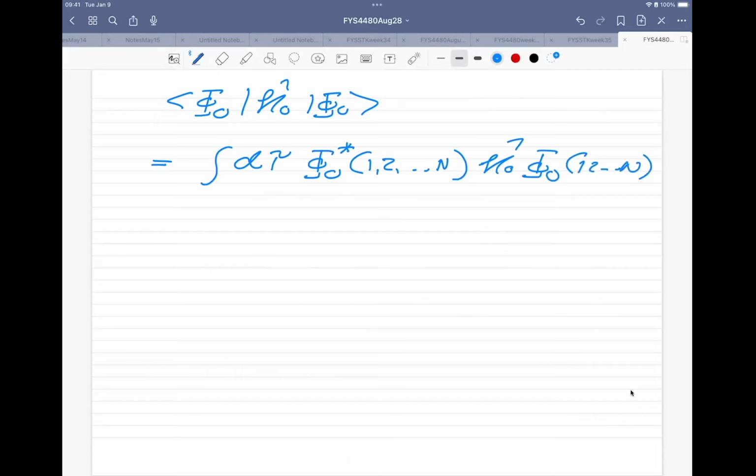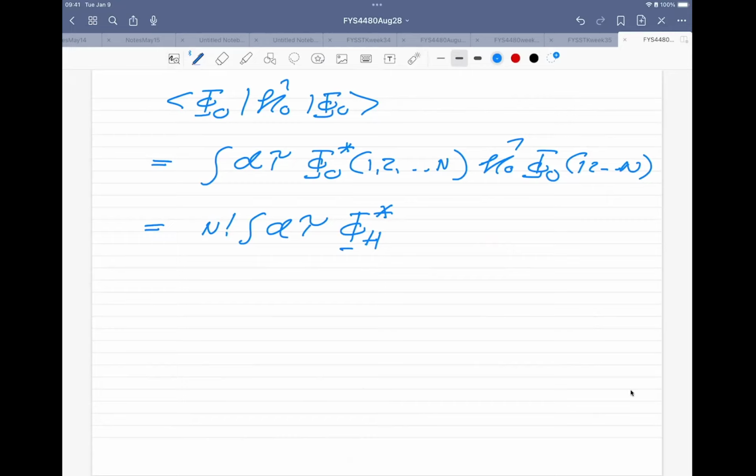Which, when I now introduce this antisymmetrization operator, is going to be given by n factorial, d tau, and now I have my phi h complex conjugate. This is the Hartree function we defined before the break, which is just a product of the single particle wave functions. So this is obviously a function which does not respect the symmetry, in the sense that if you were to calculate an expectation value here, you will not get the correct expectation value because it's neither antisymmetric nor symmetric.